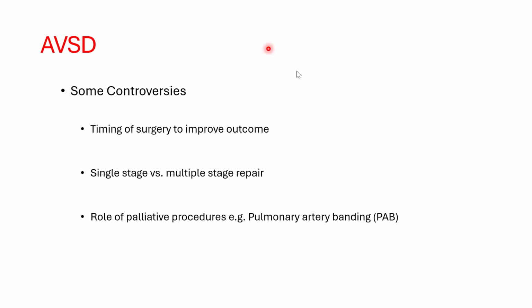Let's continue, please. Sorry, for the VSD, the one that you showed on the parasternal long axis, where you talked about the possible prolapse of the cusp into the VSD. That's more of the subaortic or the inlet type.